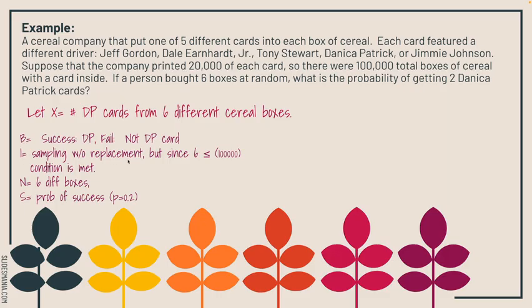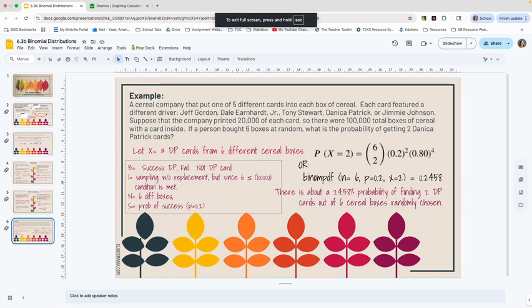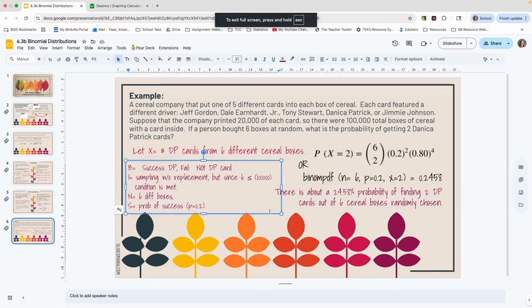I, independence: sampling without replacement. But since 6 is our sample size, and there are 100,000 total boxes, 10% of that is 10,000.